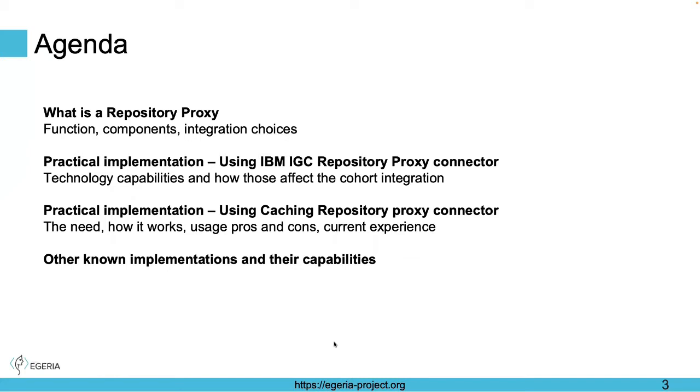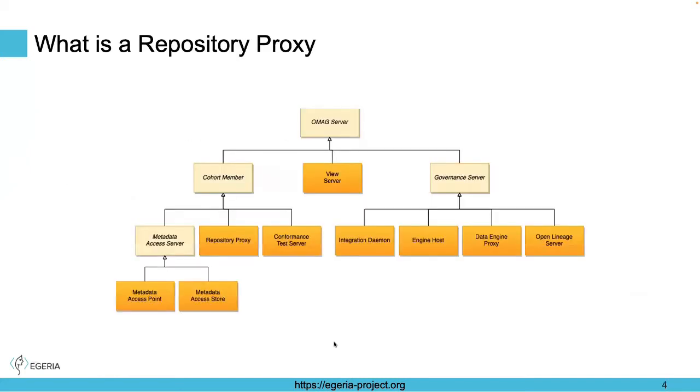Okay, I think we're good to start. So what is the repository proxy and what do we mean by this? In our ecosystem, in Egeria, we have different types of server applications, or roles that servers can play in the whole ecosystem.